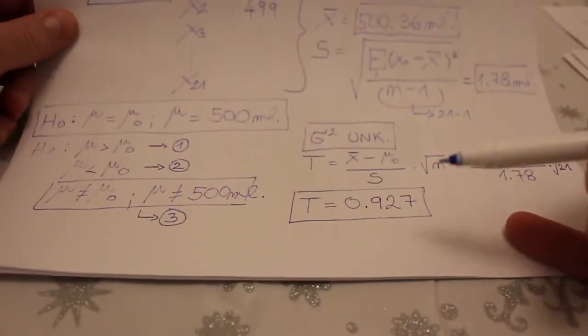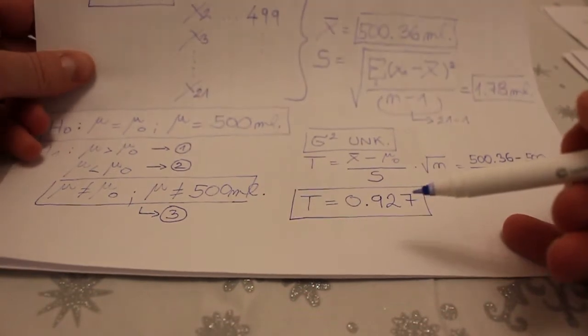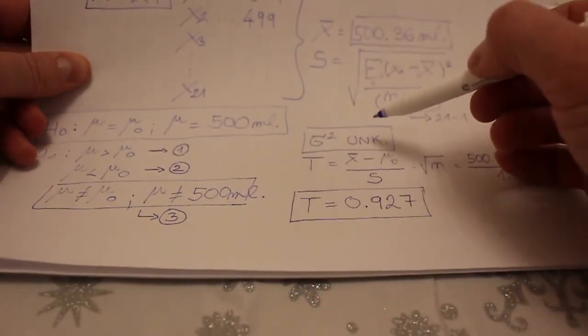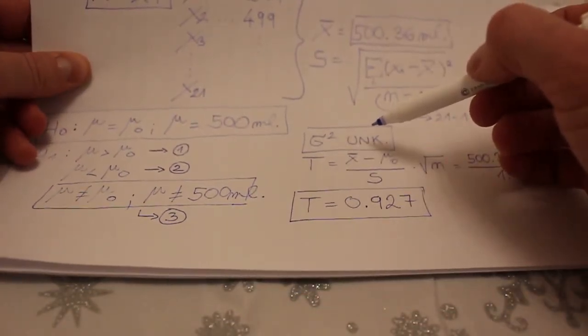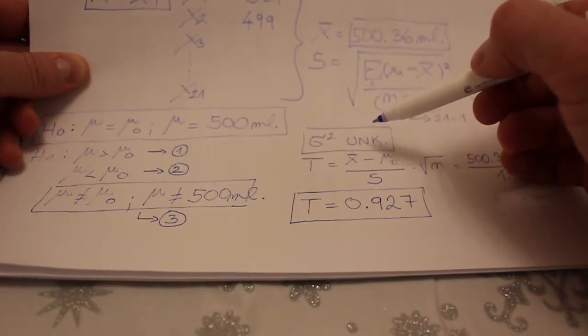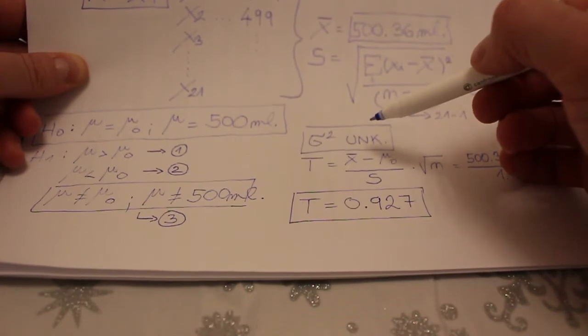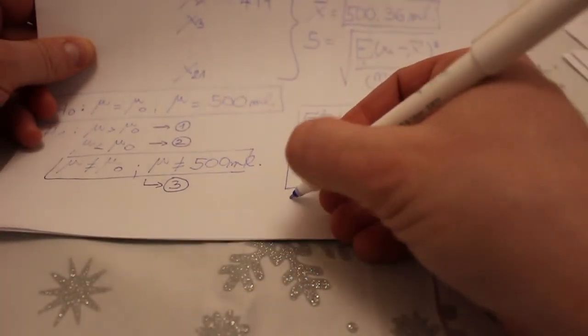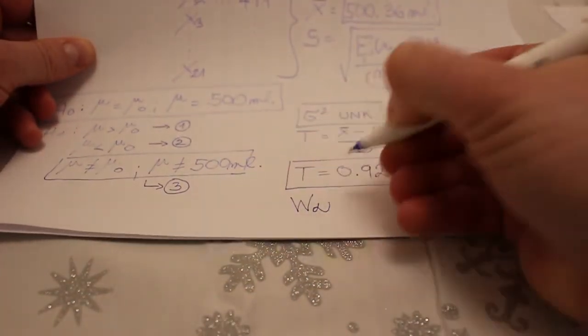So please prepare your tables for the situation: sigma squared unknown, population mean, expected value, normal distribution in the population. The rejection region is W alpha.